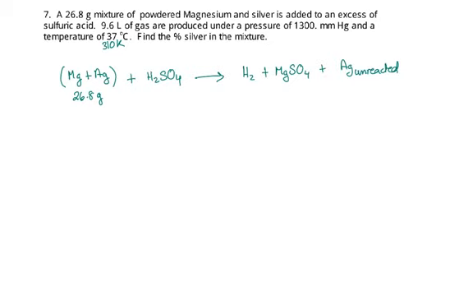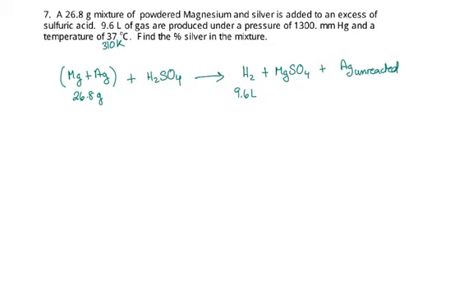Now they tell us that we're going to get 9.6 liters of hydrogen gas. They want the percent of silver in the mixture. If I wanted percent of silver, I would need to find the grams of silver and divide that by the total grams times 100%. So I need to find either the grams of silver or the grams of magnesium.